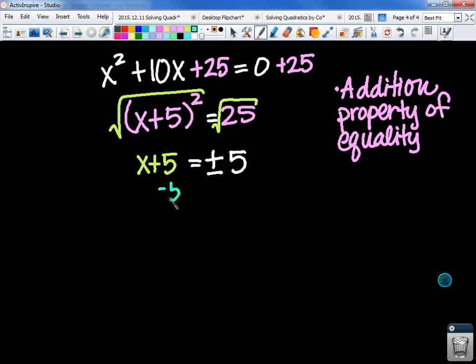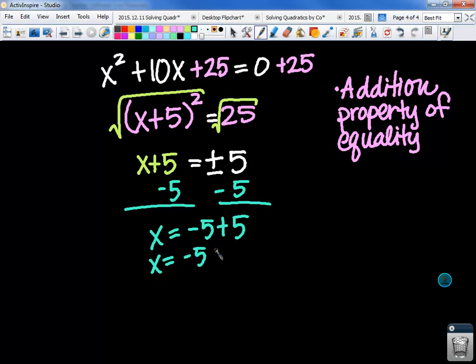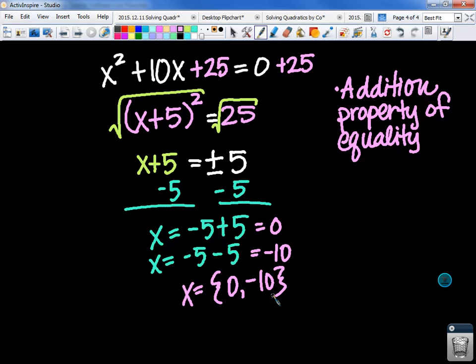Now I'm going to subtract 5 from each side, and I'm left with x equals negative 5 plus 5, and x equals negative 5 minus 5. Negative 5 plus 5 is 0, and negative 5 minus 5 is negative 10. So my solutions are x equals the two values 0 and negative 10.